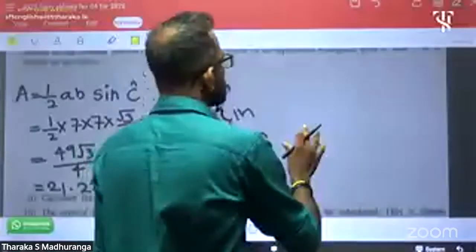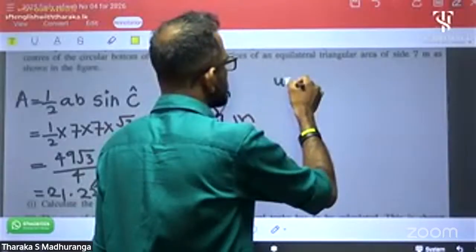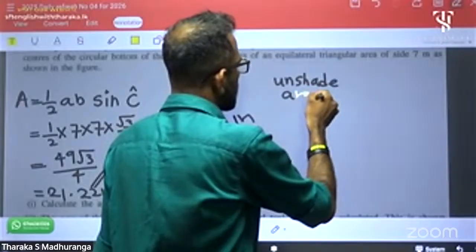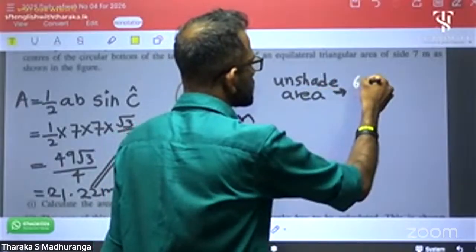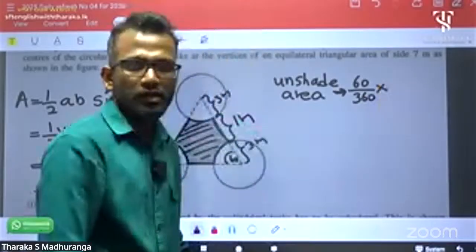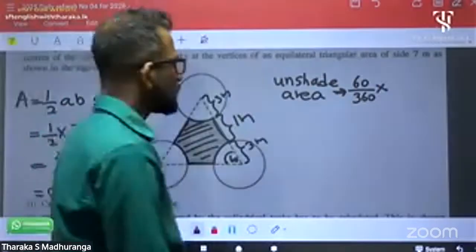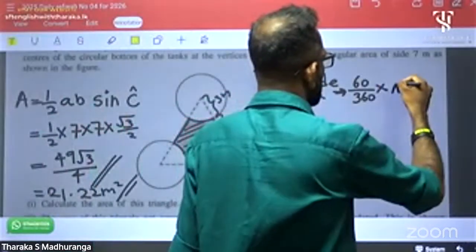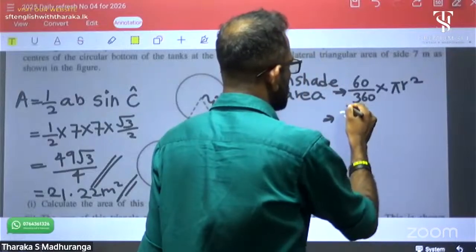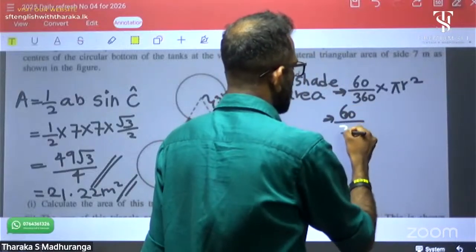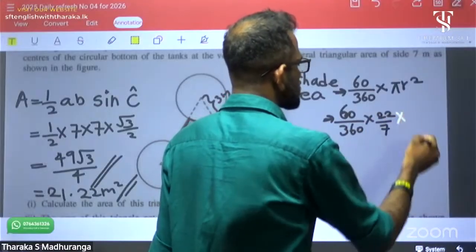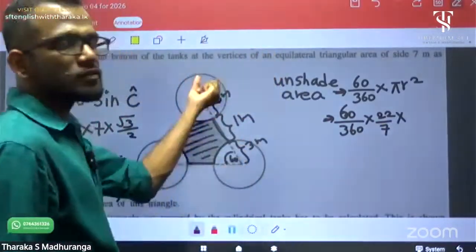Okay, now I am going to calculate the unshaded area. What's the equation? 60 over 360 into πr squared, with π as 22 over 7. r squared means 3 squared, 9.